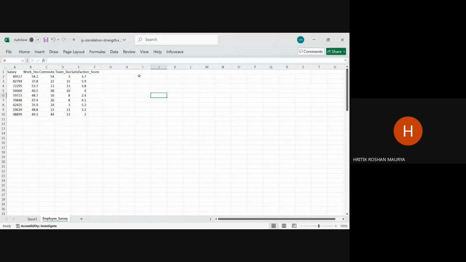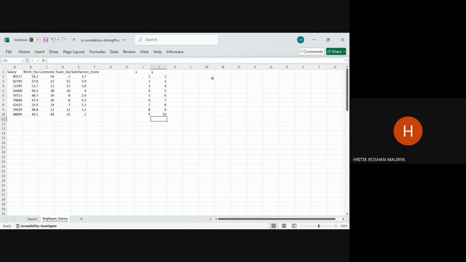Before going forward here, suppose I have x and here I have y. Suppose the values of x are 2, 3, 4, 5, 6, 7, 8, and here the values of y are 7, 8, 9, and 10, any values.